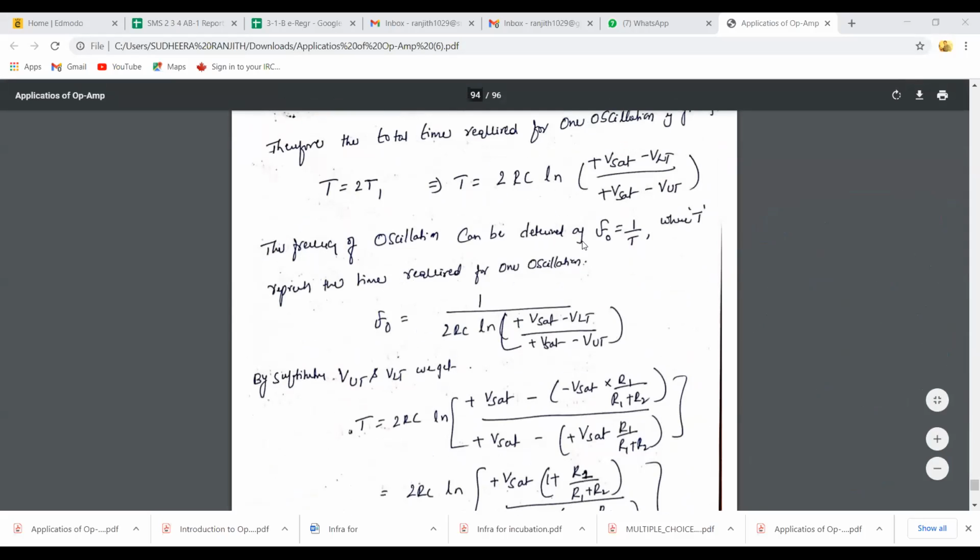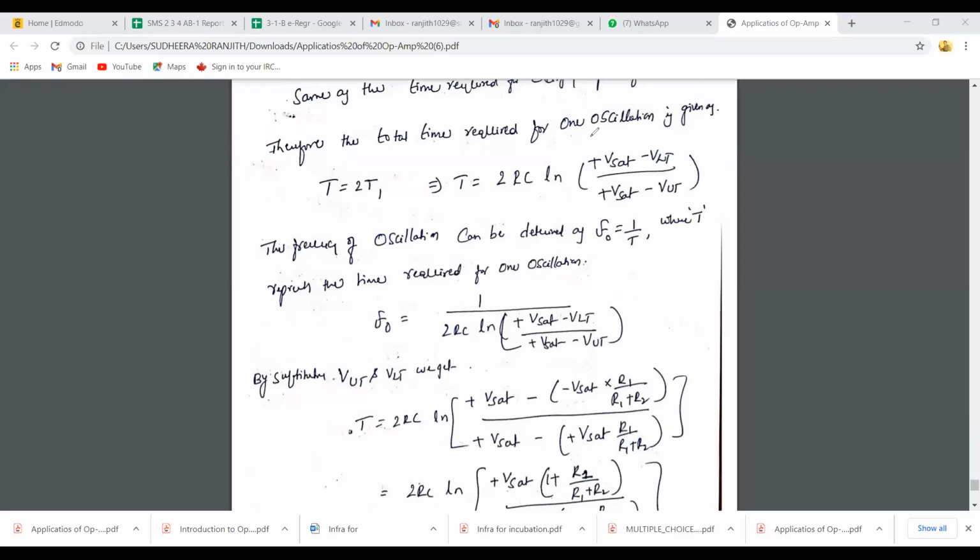In order to simplify the time required for the complete oscillation, I'm substituting VUT and VLT. What is the VLT formula? Minus V sat into R1 by R1 plus R2. What is VUT? Plus V sat into R1 by R1 plus R2. That's what I did here.